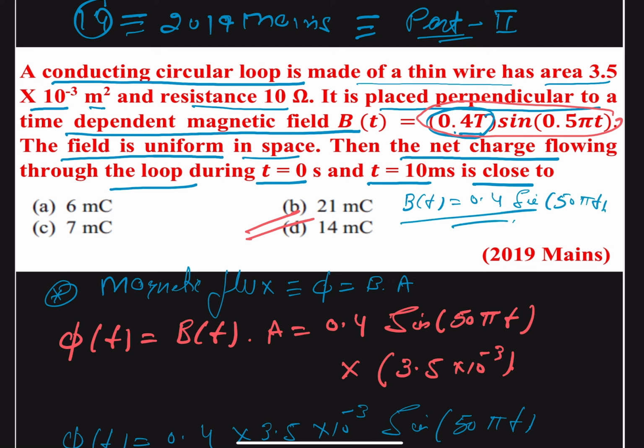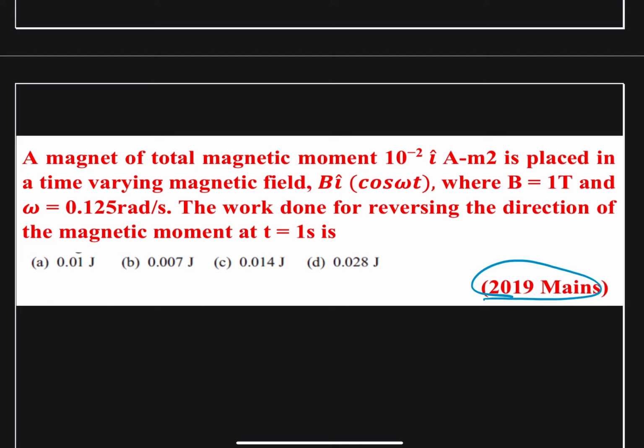We come to the next question, and it was also asked in the year 2019, and it says that a magnet of total magnetic moment 10 to the power -2 I unit vector is placed in a time varying magnetic field B I cos omega t, where B is 1 Tesla and omega is 0.125 radian per second.